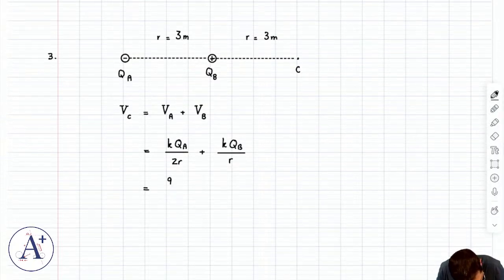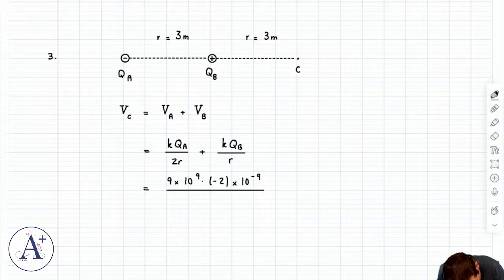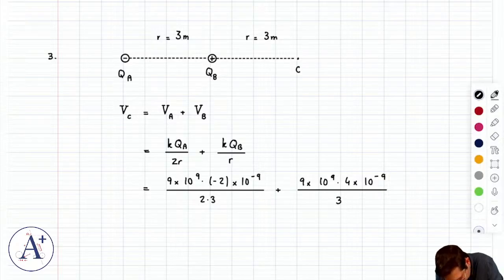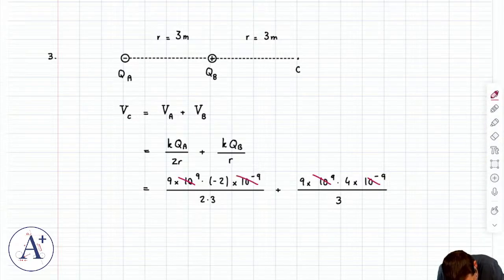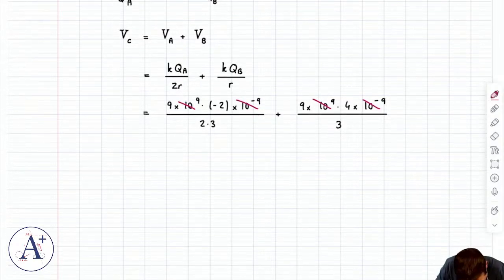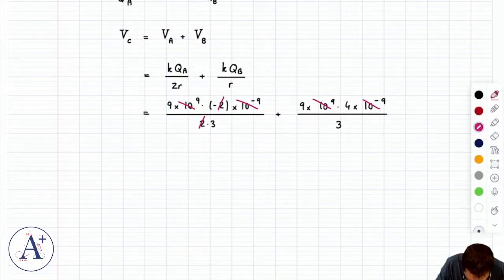So this is going to be 9×10^9 times minus 2×10^-9, divided by 2 times 3, plus 9×10^9 times 4×10^-9, divided by 3. All right, so this 2 is going to go away.